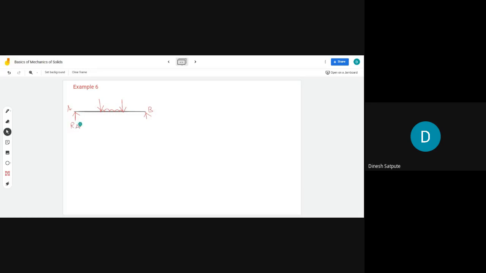RA, RB. This is 5 kilonewton load. This is 10 kilonewton. Intensity of UDL is 1 kilonewton per meter. 2 meter, 2 meter, 2 meter.